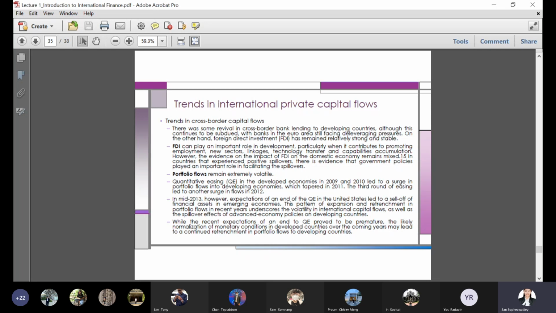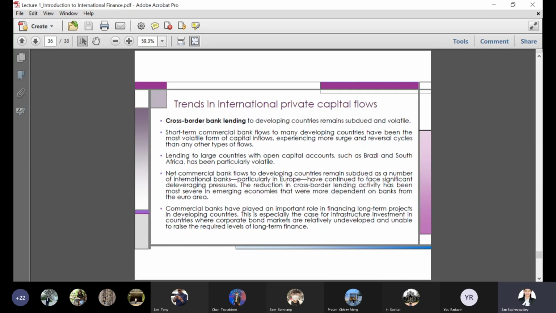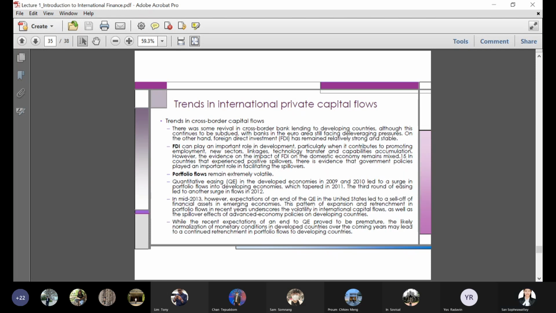So the policy from advanced economies is really important because the developing economies still depend on the cross-border capital from the advanced economies. And you can see just during several years, they have been easing, then tapering, and then easing, and then tapering again.